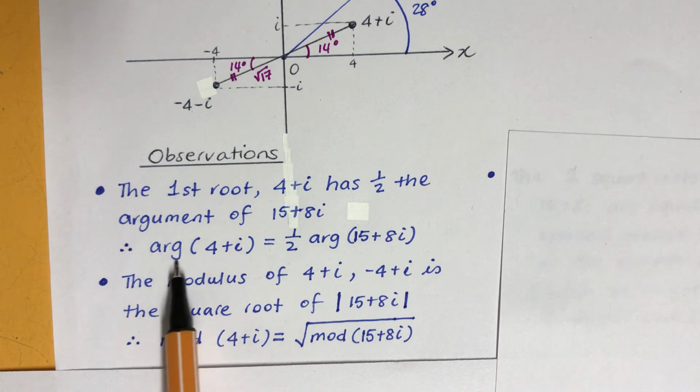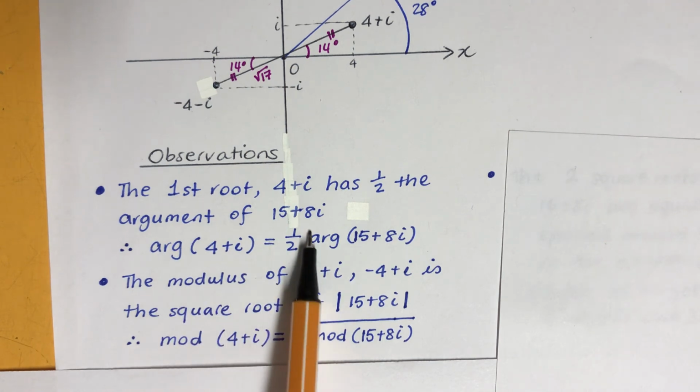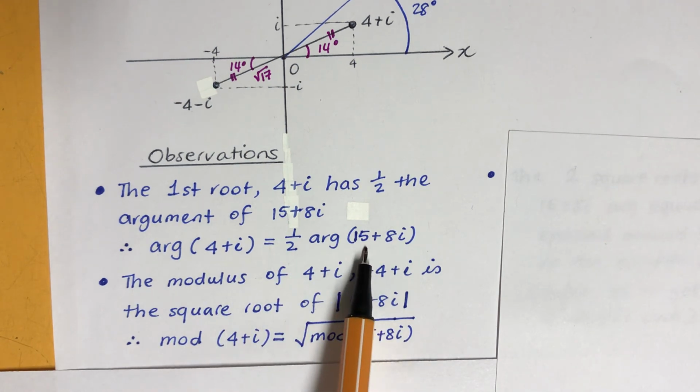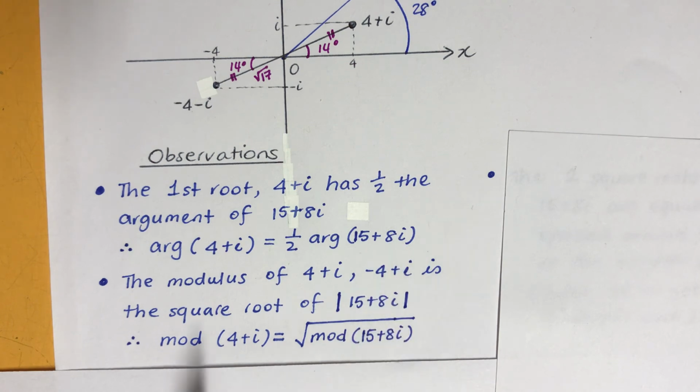So we can write it simply: it's a half of the argument of 15 plus 8i. And the modulus of the first one, 4 plus i, which is the same as minus 4 minus i as well, because they both were root 17, is the square root of the modulus of 15 plus 8i.